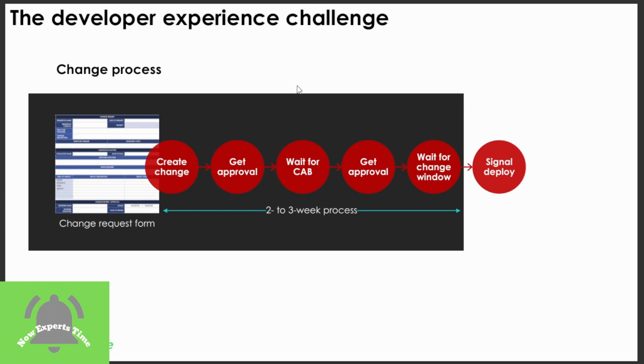Take this item, this is a normal developer experience challenge. Create a change, that's what I have highlighted. Create a change, get an approval, wait for a CAB, again get an approval, wait for the change window, and finally you are going to deploy. How many days will this take? Minimum 1 week or maximum 3 weeks, something like that, right? So 1 to 3 weeks we need to wait to complete this change-related approval process.